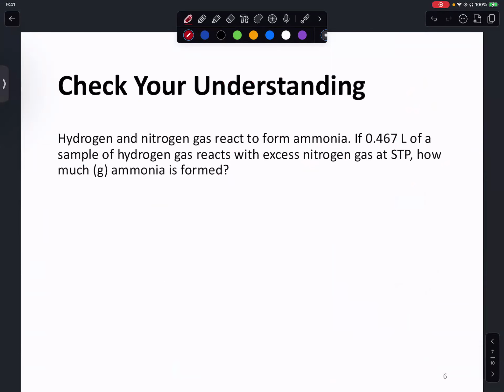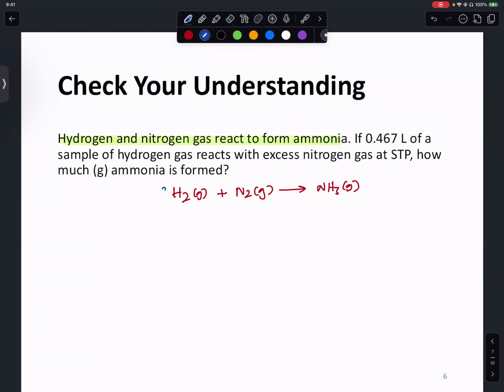Now let's look at an example. The examples, I don't think they're too hard, but we can work on a problem to see how it goes. If I have hydrogen and nitrogen gas reacting to form ammonia, that means I have to write an equation. So hydrogen and nitrogen react to form ammonia.